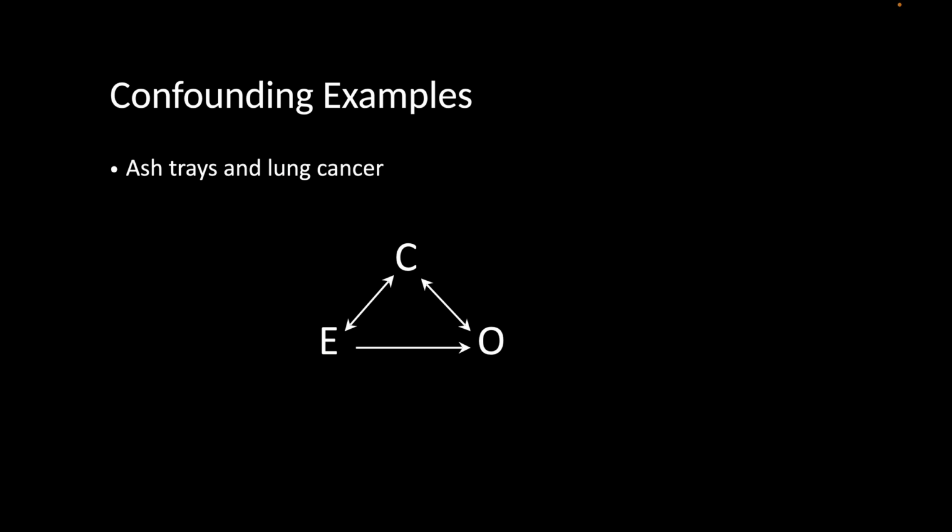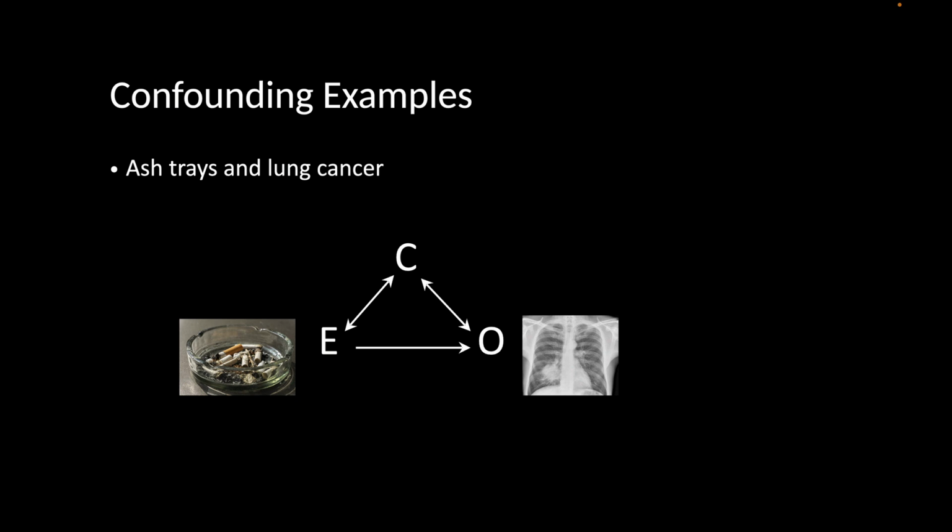The easiest and simplest example is to imagine the association between living in a house with ashtrays and the development of lung cancer. And I could do a beautiful cohort study where I enroll a really good population of patients who don't have lung cancer at baseline, and I assess whether they live in a house with ashtrays and measure a whole bunch of other things and follow them prospectively over time and really accurately figure out who gets lung cancer and who doesn't. And I'm going to find, I promise you, that living in a house with ashtrays is associated with lung cancer.